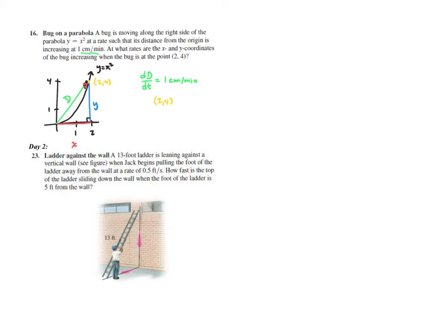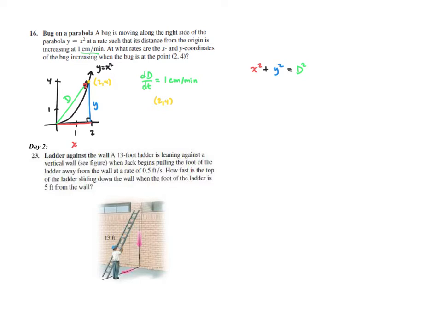You can see that this triangle I've sketched, with legs of length x in red and y in blue and a hypotenuse of D in green, would relate in the following way: x squared plus y squared would equal D squared using the Pythagorean theorem.